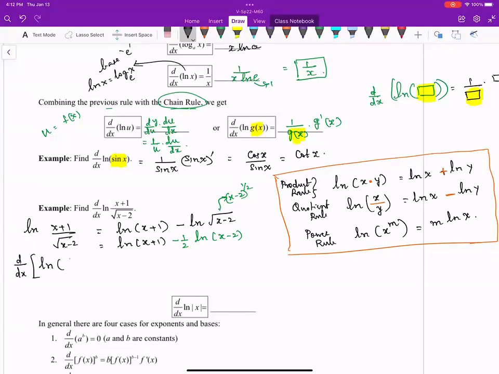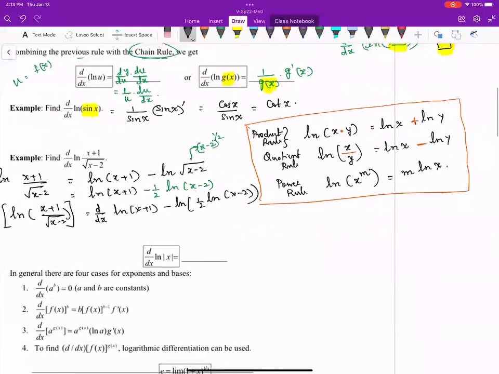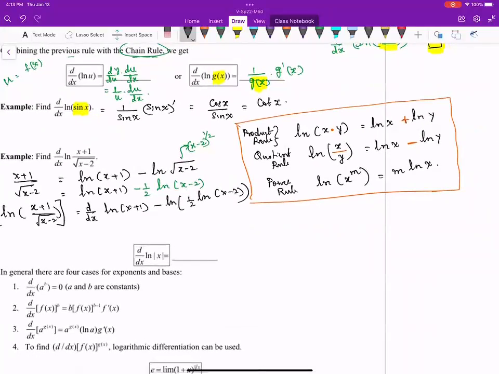So the derivative of ln of (x plus 1) over square root of (x minus 2) will be d by dx of the first one, ln of x plus 1, minus half of ln of x minus 2. The derivative of the first, then the derivative of the second.